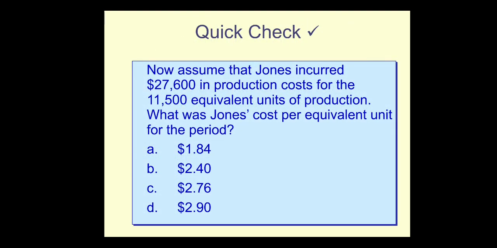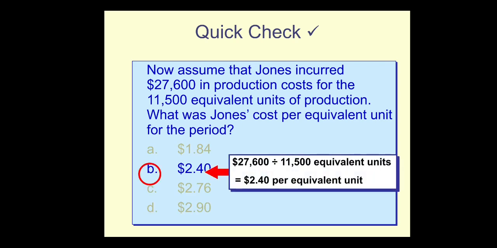See here, there is an example. Assume that the business, Jones, incurred 27,600 in production cost for 11,500 equivalent units of production. What was Jones' cost per equivalent unit for the period? Very easy. You use the formula that you have seen in the previous slide.